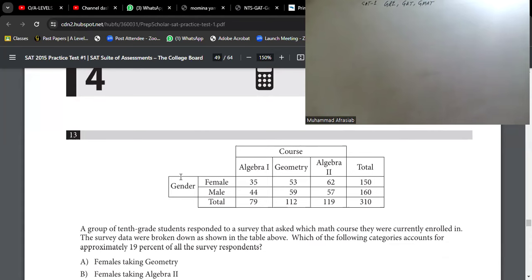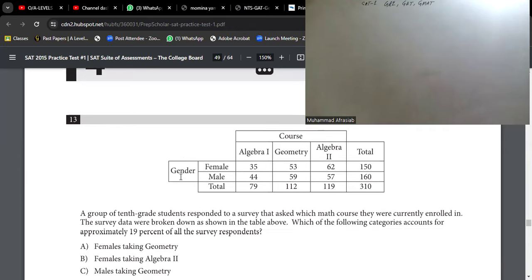Which of the following categories accounts for approximately 19% of the total survey of students?